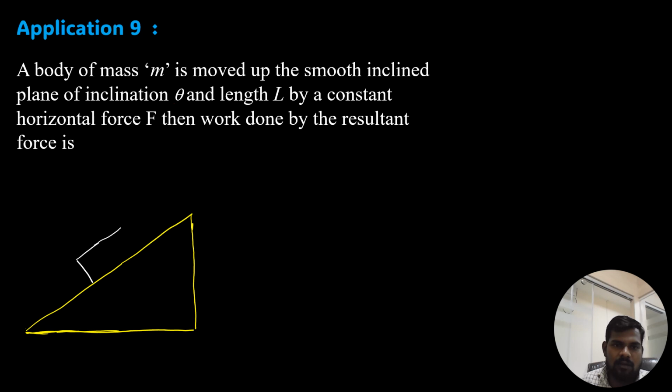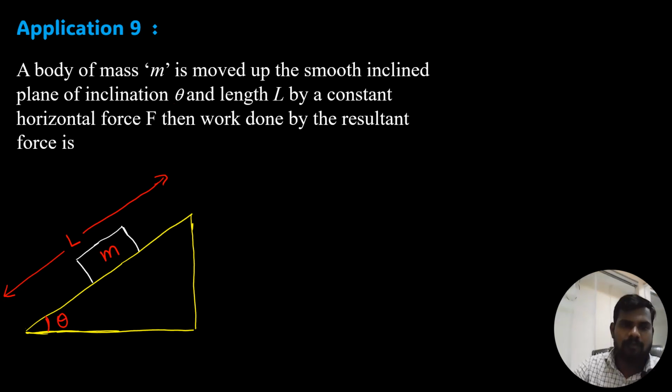This is the block, and the block's mass is m, and the length of this inclined plane is capital L. This is making theta with the horizontal. Okay, this is the diagram.